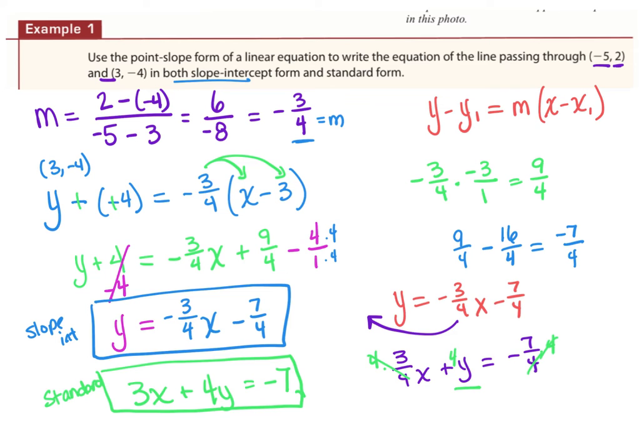So when you have a point and a slope, you can use them to solve for your equation of the line in whatever form they want. You just need to read your instructions. If it says use point-slope to get slope-intercept, then you're going to use it and get y by itself. If they want standard form, you're going to use it and get your x's and y's on one side and your numbers on the other.